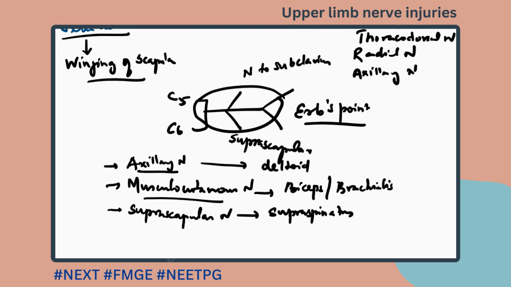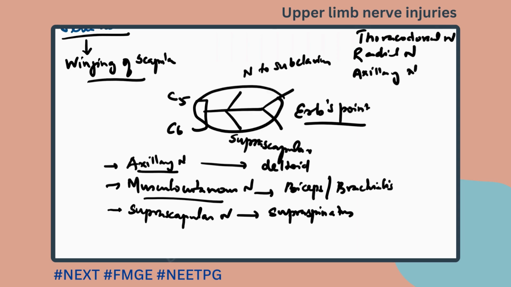Clear? Okay. So it is because of the involvement of the C5, C6 nerve roots. Most of the fibers go to the axillary nerve, musculocutaneous nerve, and suprascapular nerve. Suprascapular nerve mainly supplies supraspinatus, which helps in abduction. Axillary nerve mainly supplies deltoid, which helps in abduction.